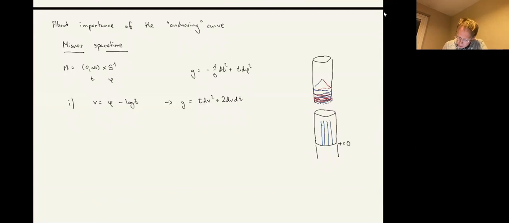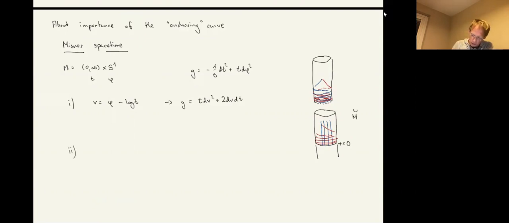However, the right-going ones still wrap infinitely often around the cylinder. So they don't have a limit point when you approach t equals 0, but the whole S^1 at t equals 0 is an accumulation curve of the right-going null geodesics. This is my first extension, M tilde.